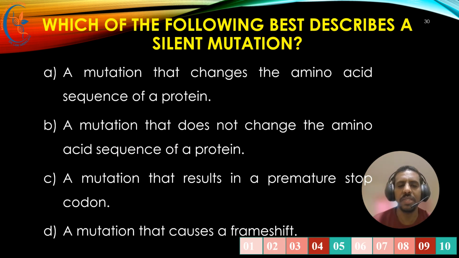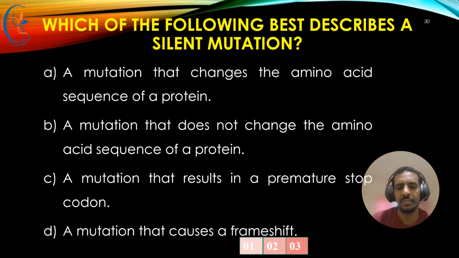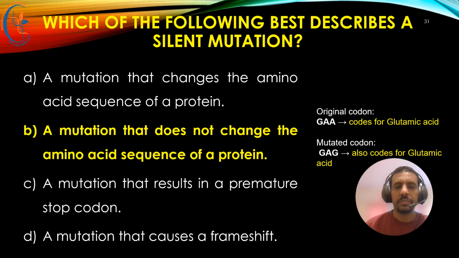The question here is, which of the following best describes silent mutations? 10 seconds. A silent mutation happens when a single nucleotide in a DNA sequence is changed, but the resulting codon still codes for the same amino acid.